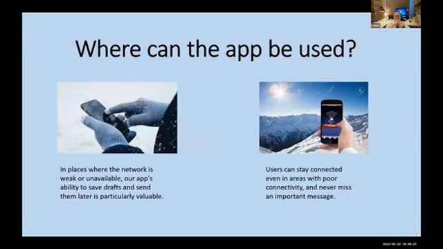In places where the network is weak or unavailable, our application's ability to save drafts and send them later is particularly valuable. As soon as the phone is connected to the network, our application can send them out immediately. Users can stay connected even in areas with poor connectivity and never miss an important message.